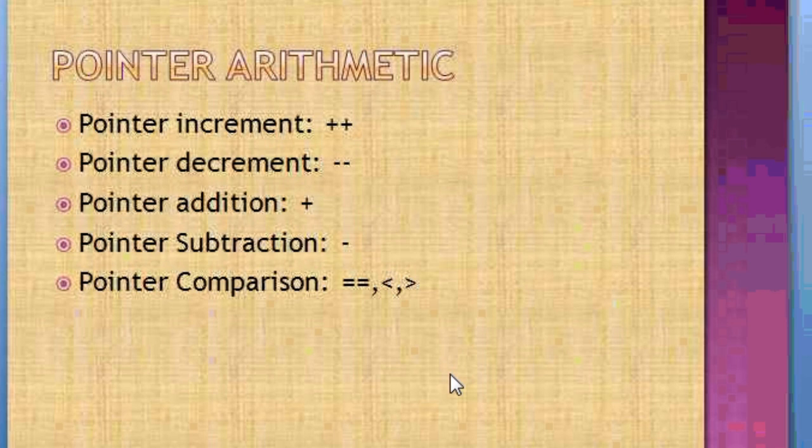Even you can use the subtraction operation, or you can compare the pointers by using comparison operators like equal to, less than, or greater than. So these are all valid pointer arithmetic operations that we can perform on any pointer variable. We'll see all these operators and how to use them. Okay.